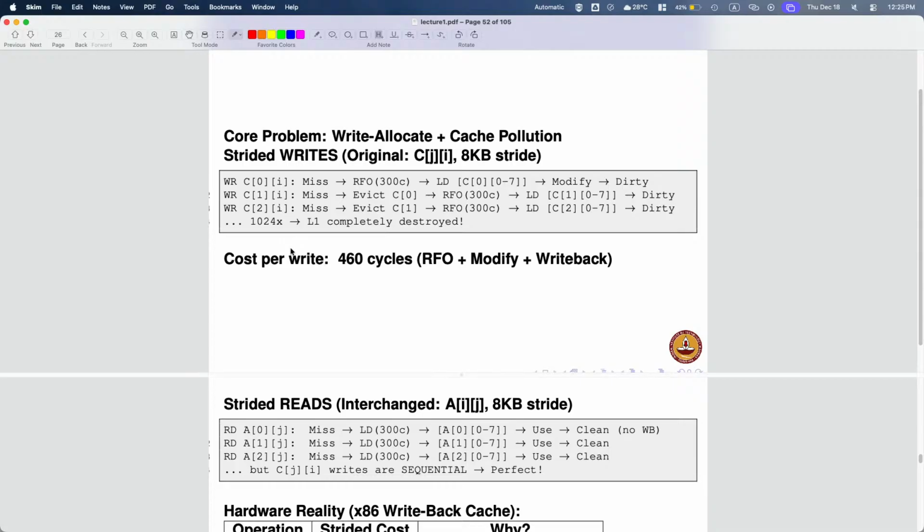Cost of writes, cost of reads. Okay. I hope you remember the original code. In the original code, you are writing to C sub ij. Okay. Take a look. Convince yourself that the interchange is effective. Neighbors time.